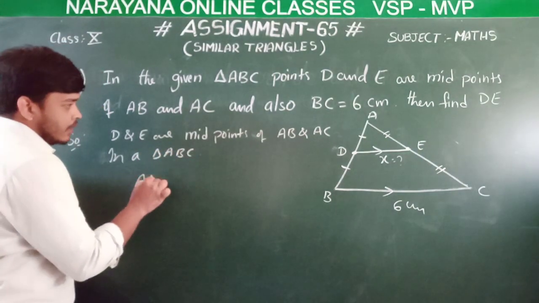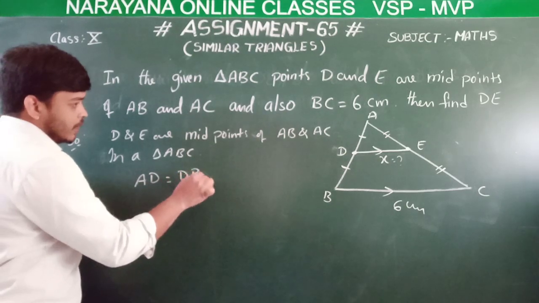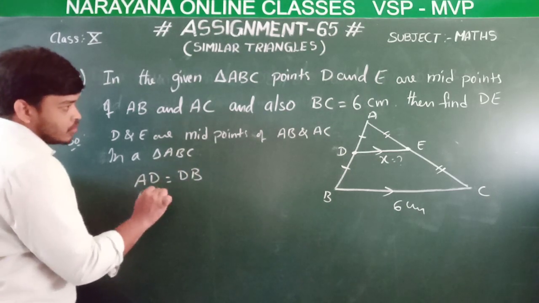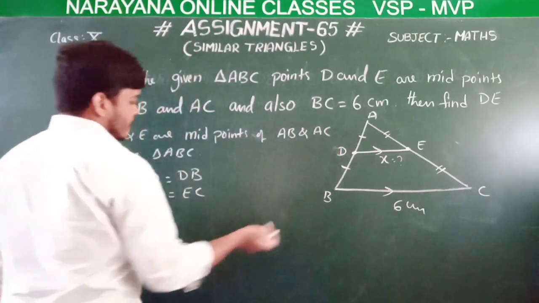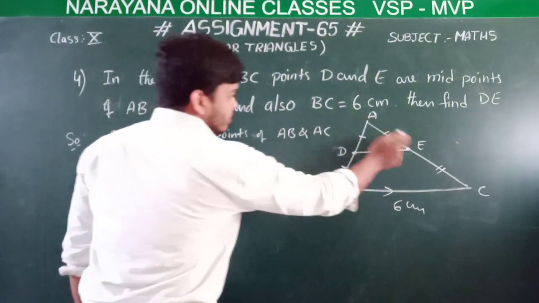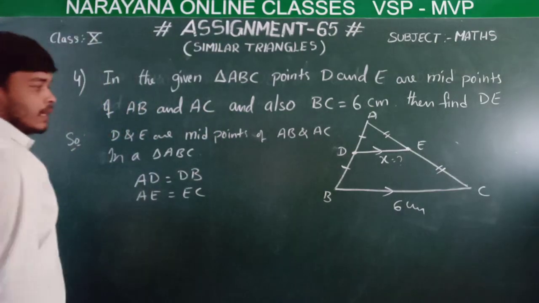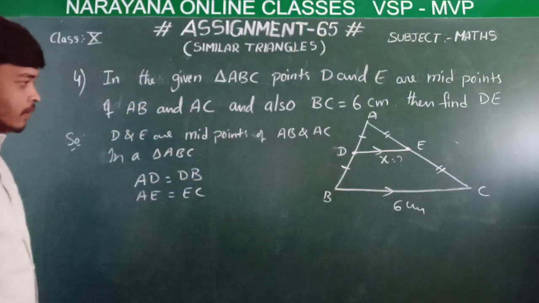Midpoints means AD is equal to DB and AE is equal to EC, because D and E are midpoints, right?